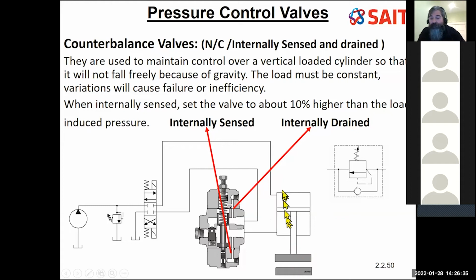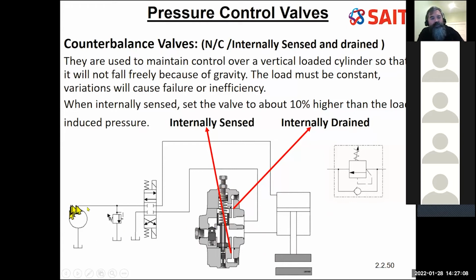So I've got this load. In this case, I'm talking about a load going up and down. Same concept. At this stage, I've got a certain amount of load pressing against this spool and against this pressure line. If I set this to be just a little bit more than my load, say this is a load of 1,000 pounds, and I set this to be 1,100 pounds, 1,100 pounds is not being seen, therefore it won't open.